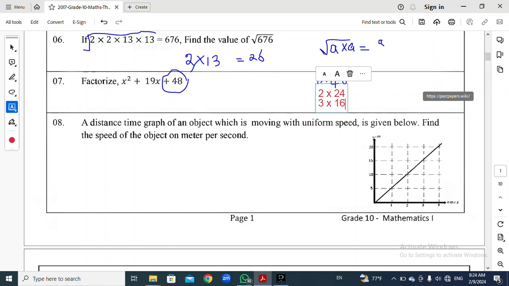I think these are enough. Here you see we have to get 19. 16 plus 3 is 19. So that's the set. Here this couple of sets.